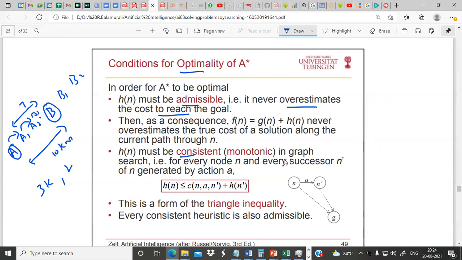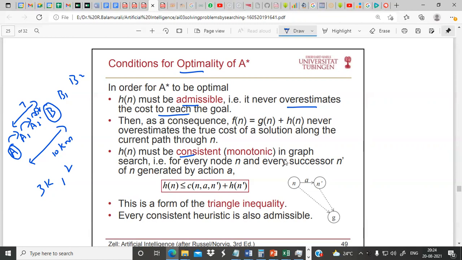So say the heuristic function estimates that the destination is in 1 kilometer. Now it goes up to 1 kilometer and checks whether this is the goal state. No. Now the actual distance is 1 kilometer. Now also it should underestimate. Now it may assume it is only 800 meters. After going 800 meters, it will check whether it's the goal state. No. Then the remaining distance is 200 meters.